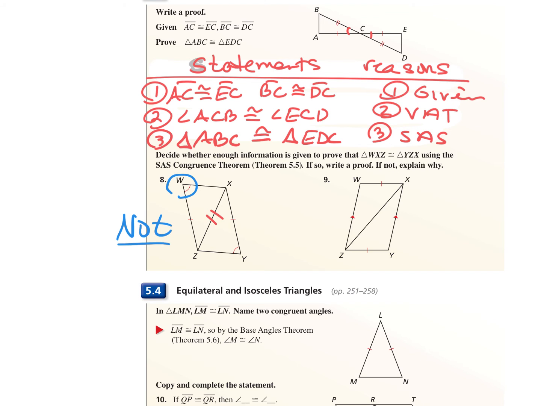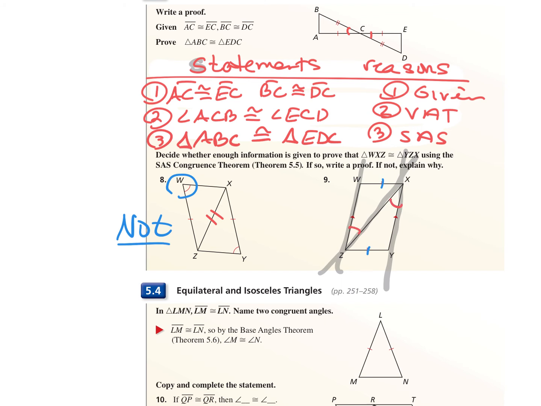And then this one, these are parallel marks, not congruent marks. So what we could add in here for number 9 is, let's take a look here. This is congruent. And then if I realize that these guys are parallel, then I have a pair of alternate interior angles here.